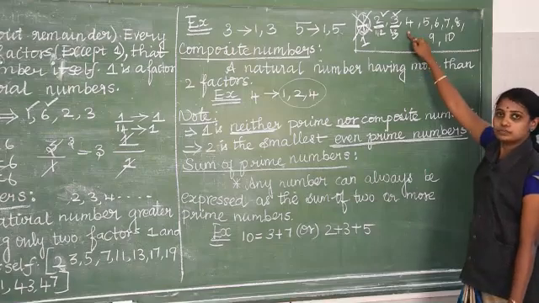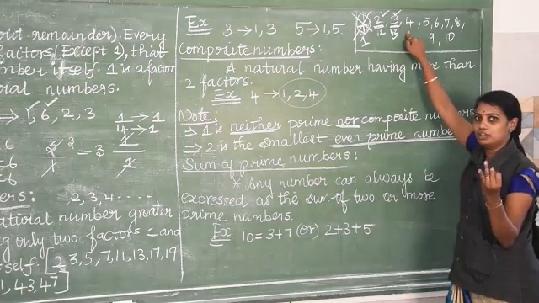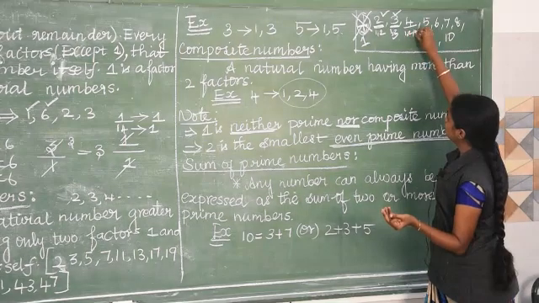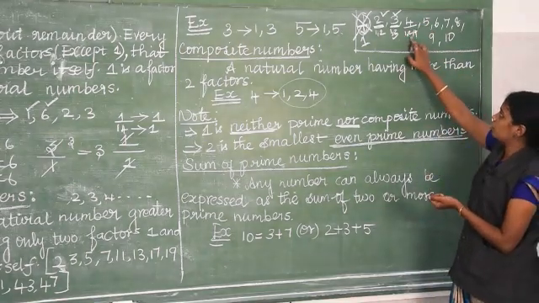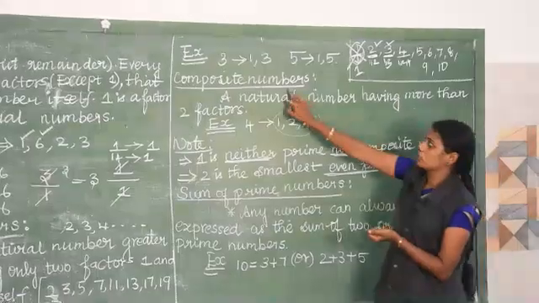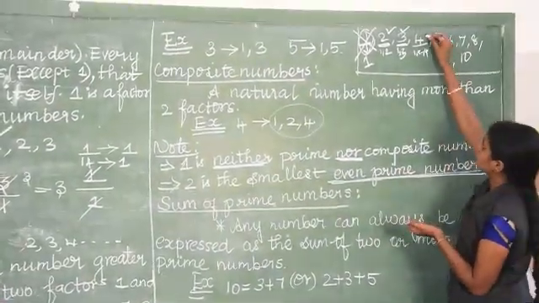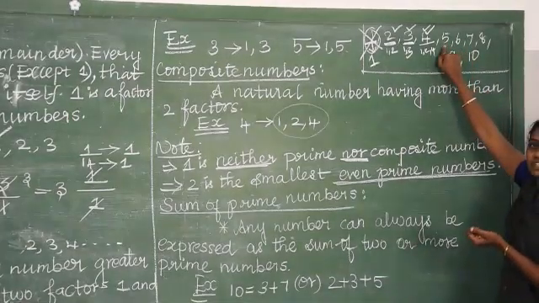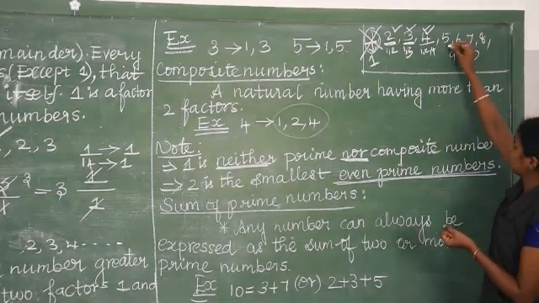Then 4 will come in the one table, 2 table, 4 table: 1, 2, 4. So how many factors? 3 factors means composite number, so double tick. Next 5. 5 will come in the one table and 5 table.